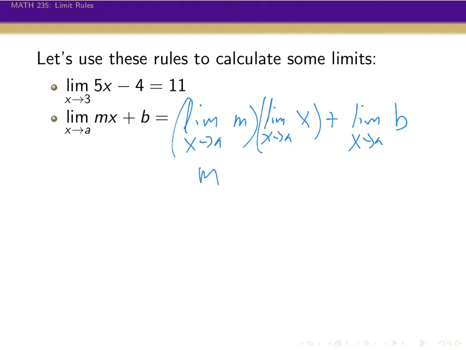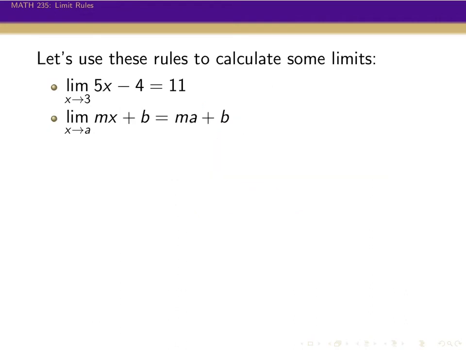The limit of x as x goes to a, well, we figured out that that's always a. Plus the limit of b as x goes to a. Well, b is just a constant, so that's giving me b. And so we end up getting back ma plus b, which is what we would get when we just plug a in for x. And so the limit of the line is exactly what you would expect it to be. You just replace x with a.